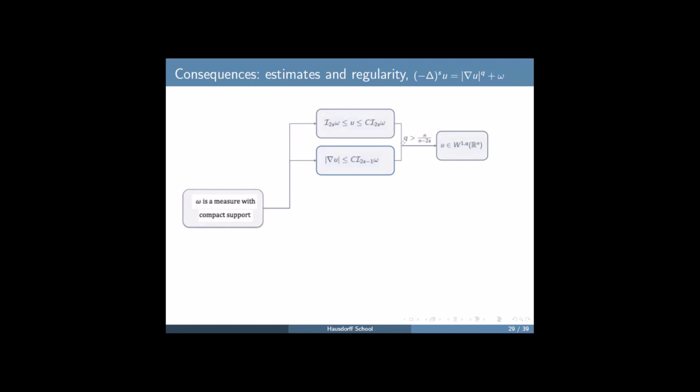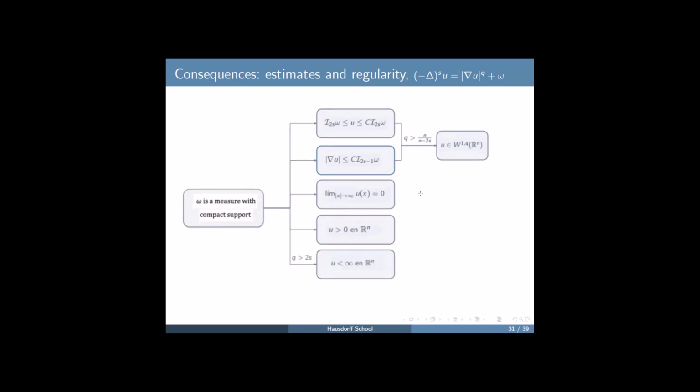So here, if q is greater than this quantity, we indeed get a solution in that space. Moreover, since we have this upper bound on the function u, we have that u vanishes at infinity. And if we use the lower bound for a measure omega whose compact support also has positive measure, then the function u is positive everywhere in R^n.